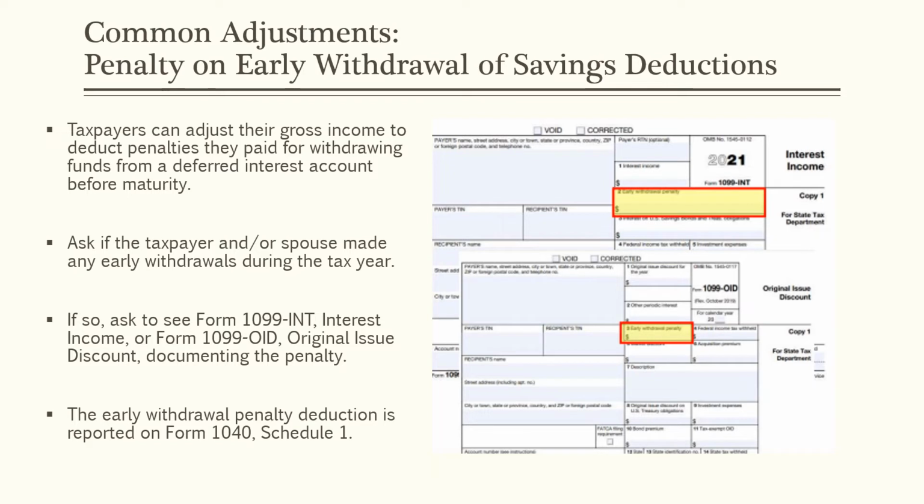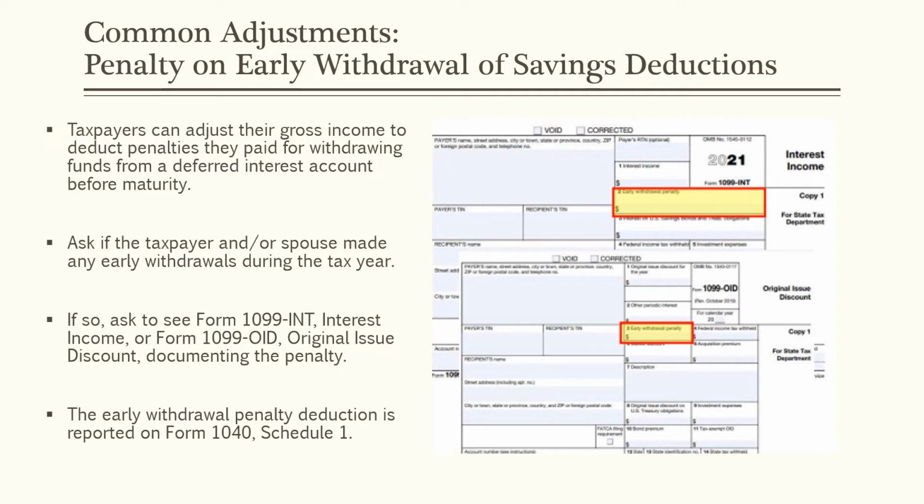Next, we are going to cover the penalty on early withdrawal of savings deduction. The taxpayer may have paid a penalty for an early withdrawal from their savings account, usually a certificate of deposit, CD.